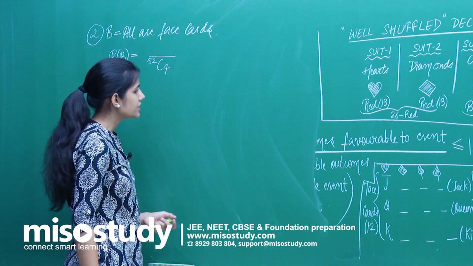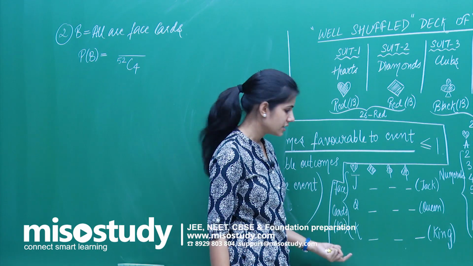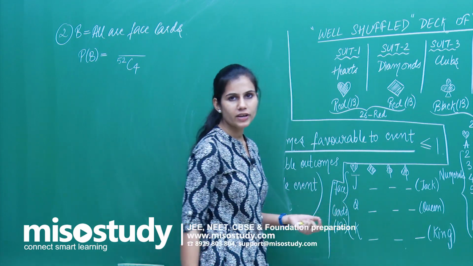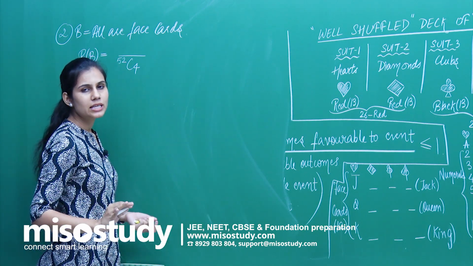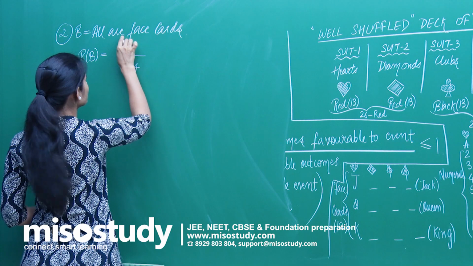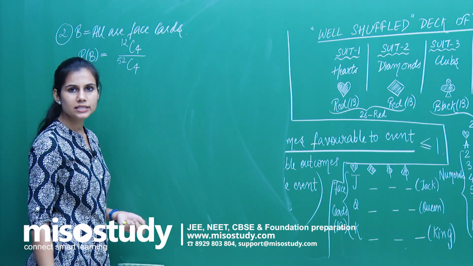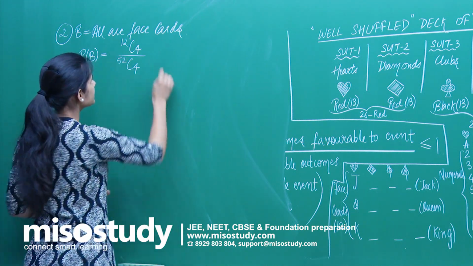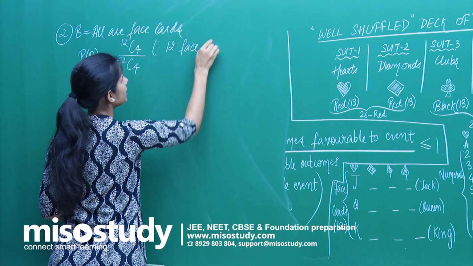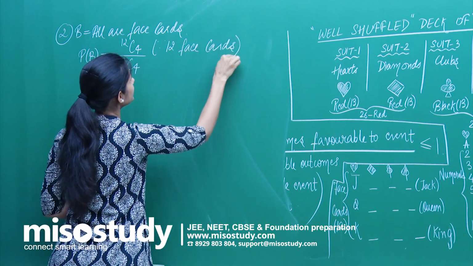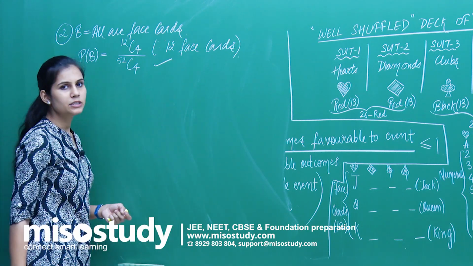Well, all cards are face cards. Face cards are how many? There are 12 face cards in the deck of 52 cards. Out of these 12, I want 4 face cards to be drawn. Any 4. I am not interested in the permutations, I am interested in the combinations. So, out of 12, 4 cards can be chosen in 12C4 ways, right? Since we have 12 face cards, out of them 4 face cards can be chosen in 12C4 ways, and therefore this is the probability of event B occurring.